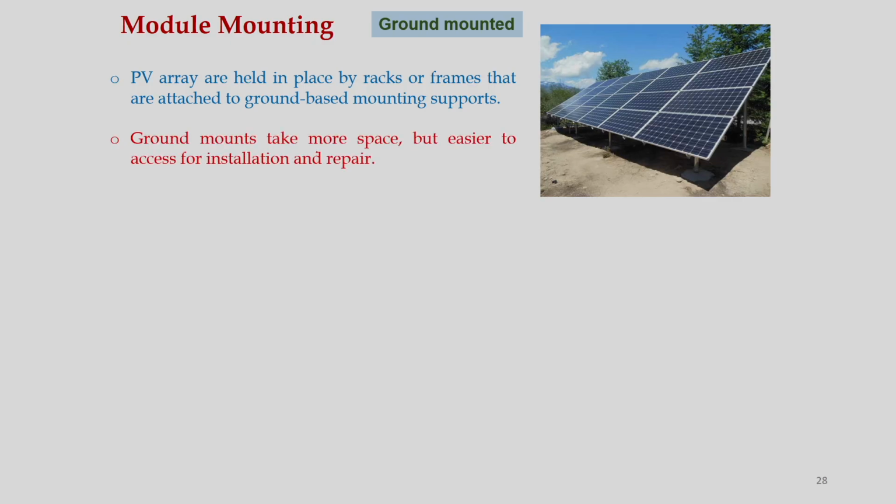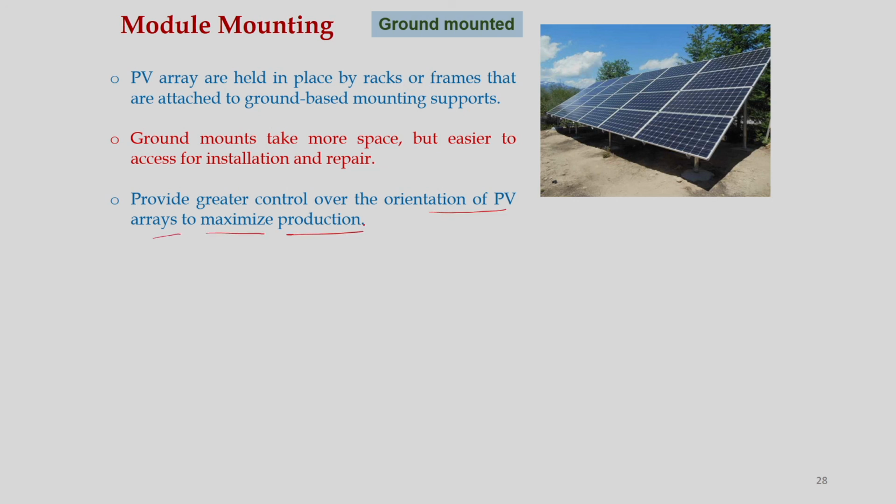These ground mounts take more space, but are easier to access for installation and repair. So, this is one of the advantages, and they provide greater control over the orientation of the PV array to maximize production. Okay. Now, the advantages primarily are easy to access, then easy to clean, then easier to troubleshoot, because dust accumulation will be there.